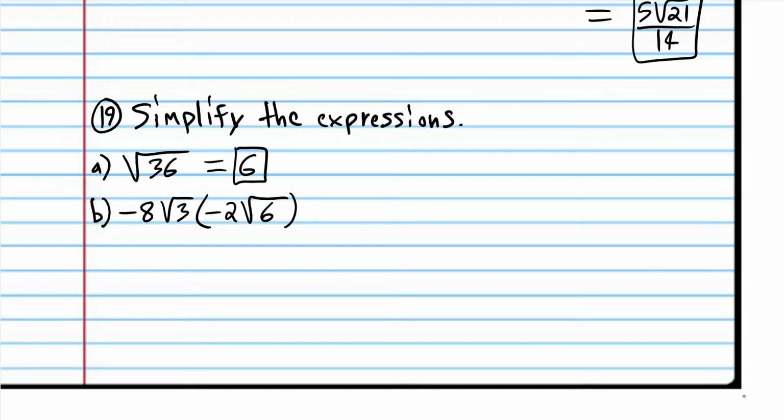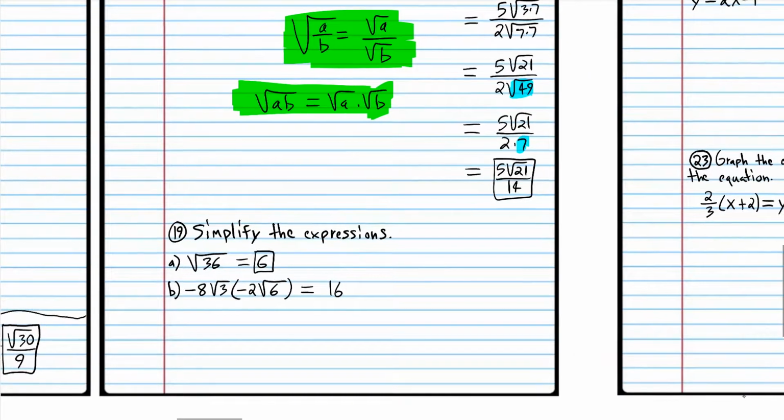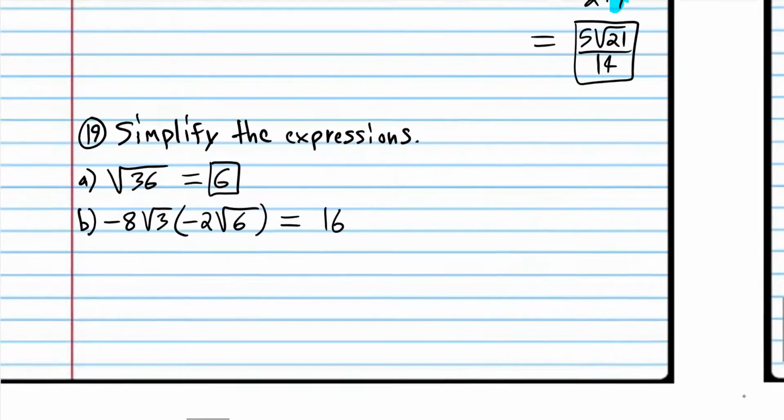If you don't remember how to do that one, you just multiply -8 and -2 to get 16. And we're using the green principle here, but reversed from right to left. And we get root 3 times 6. So you just combine those roots into one root and multiply whatever's inside. So then we end up with 16 times root 18.